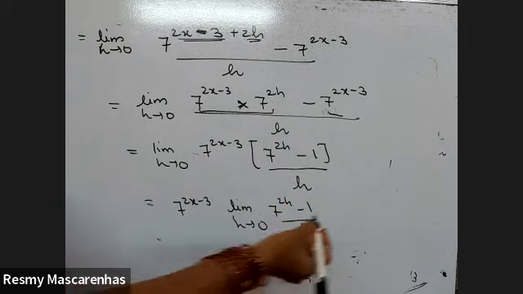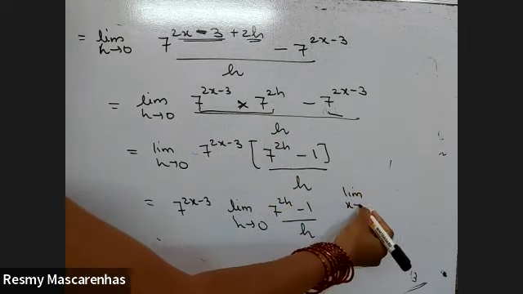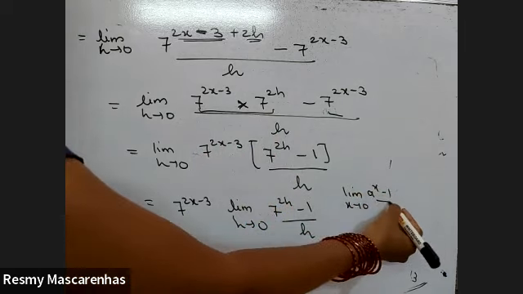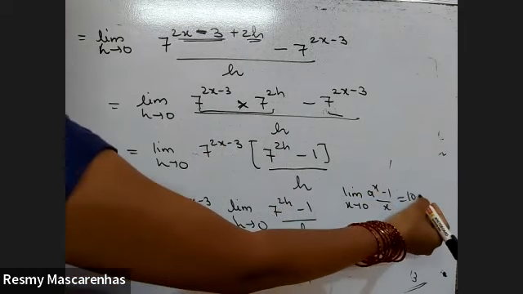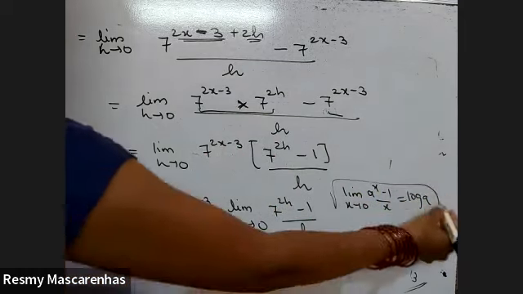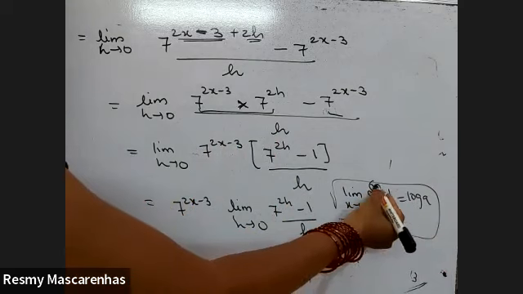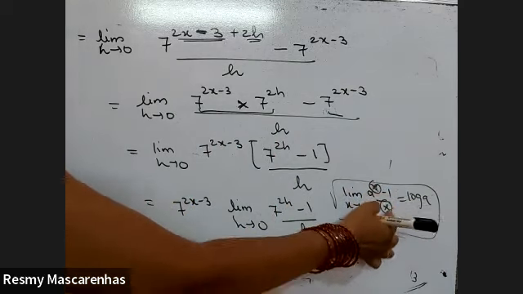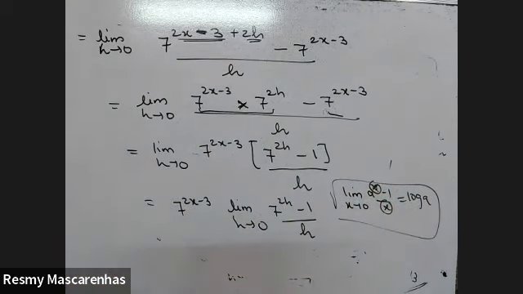Now which formula again are we referring to? The limit h tending to 0 of a raised to h minus 1 upon h equals log a. So whenever I told, this power and this one should always match. This part and this part should always remain the same.